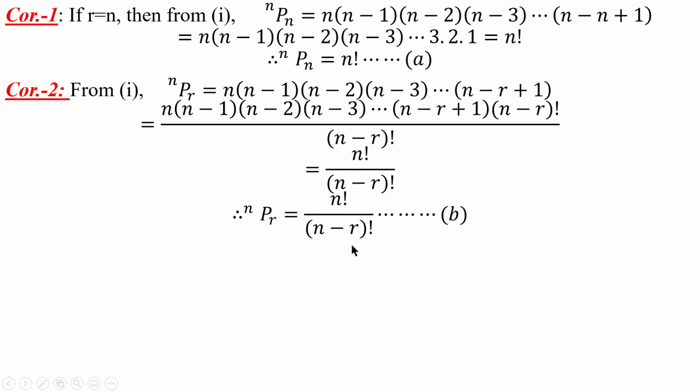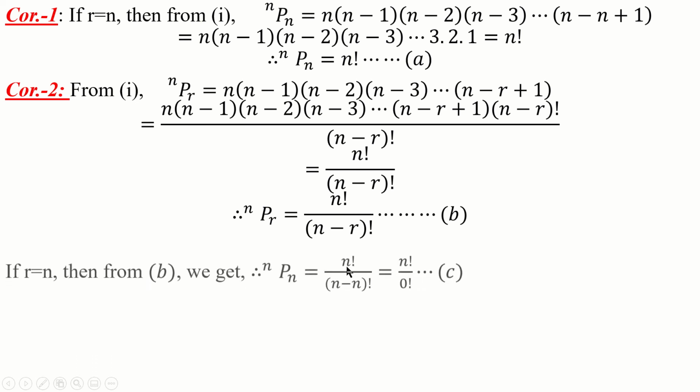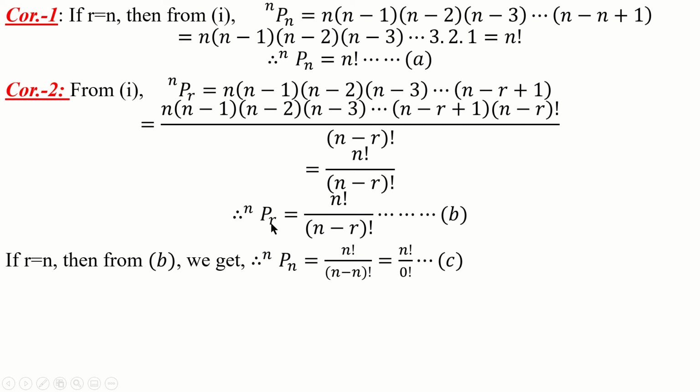Now putting r equal to n, we will get n factorial divided by n minus n factorial. N minus n means 0 factorial, and the numerator is the same.